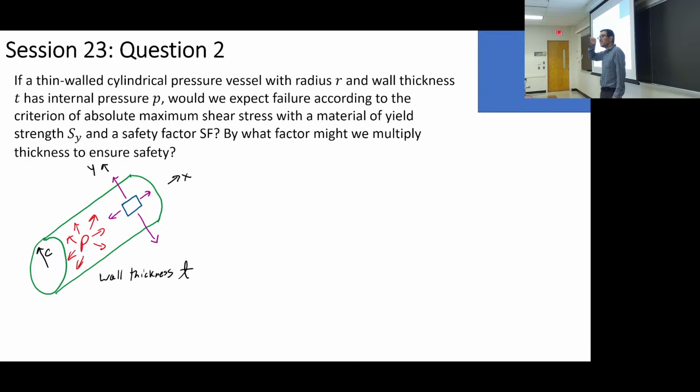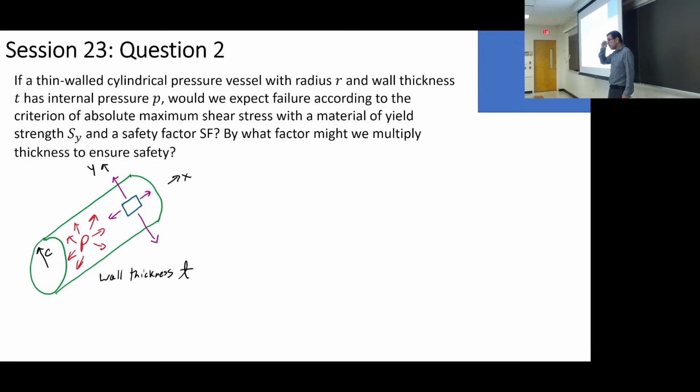If it's just exactly equal to that, then I need to multiply the thickness by a factor of 2 to give a safety factor of 2. So what we have to figure out is the allowable shear stress, because we have SF is equal to, in this case, we have.